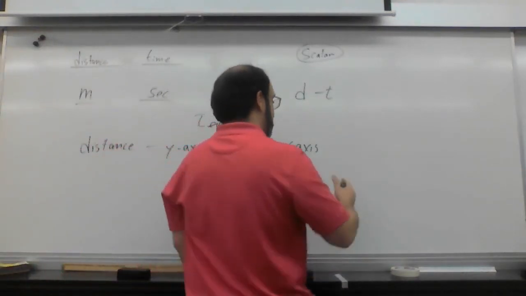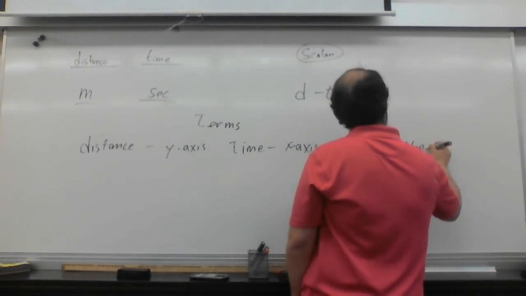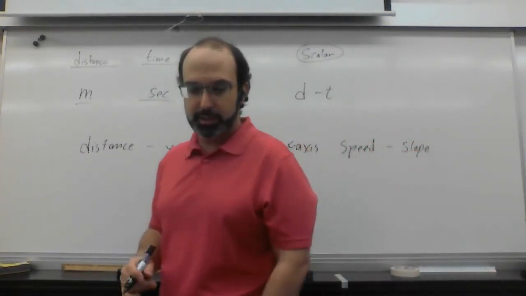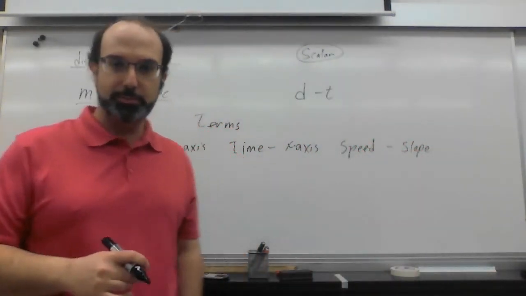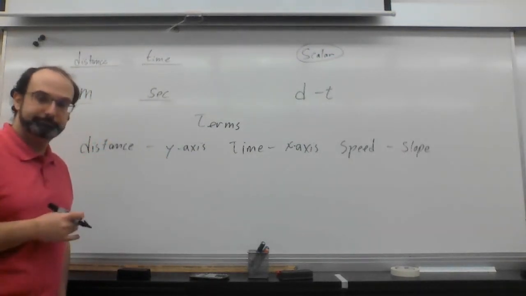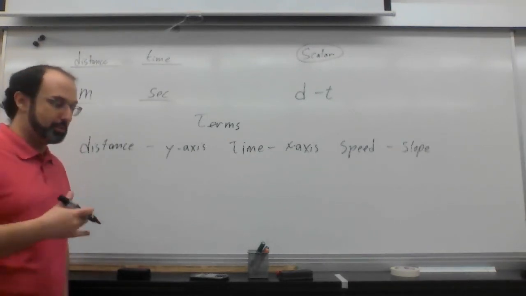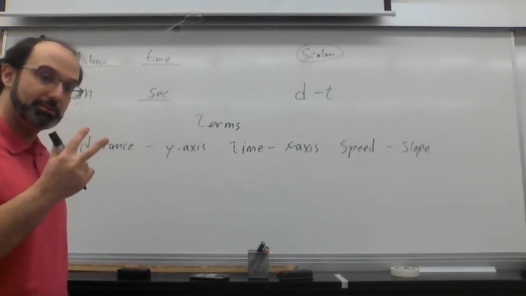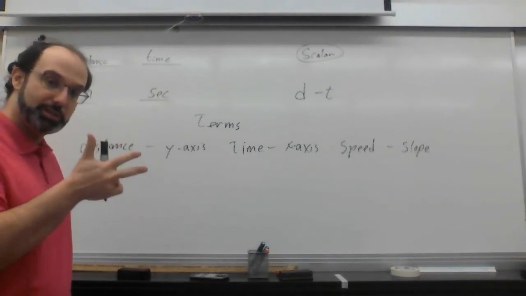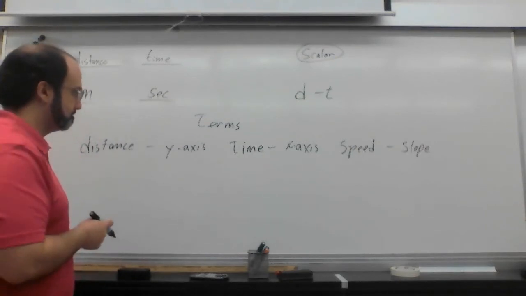Speed you get from the slope. Those are the three pieces of information you can get here: the distance you traveled, the time it took, and how fast you went. That's all the things you can get. But that's kind of cool because one graph can tell you three things. My thumb's sticking up, there it is. Three things. So that makes it pretty useful, okay?